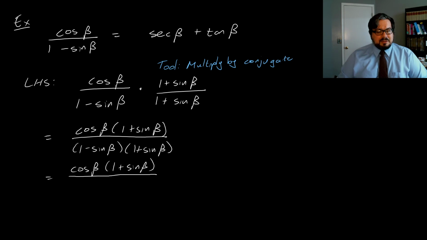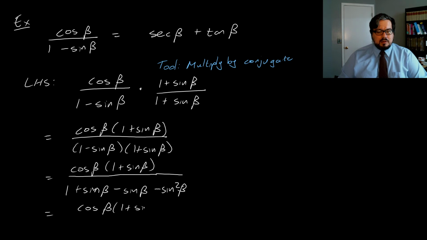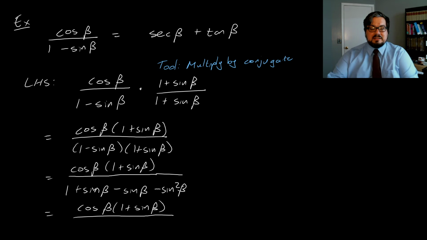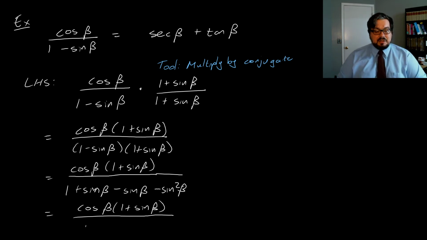So if we FOIL this out, then we get 1 plus sine beta minus sine beta minus sine squared beta. Now, of course, the sine beta and minus sine beta in the denominator cancel, so we're left with 1 minus sine squared beta.